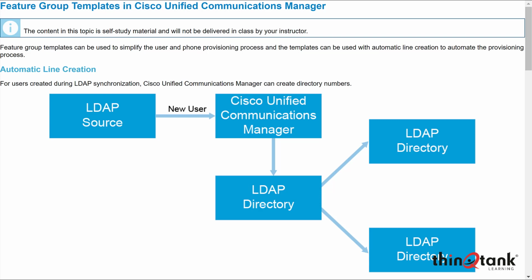If we have a mask defined on the synchronization agreement to allow for the generation of E.164 directory numbers, then we have to follow a couple of rules. If the mask is left empty, Call Manager obtains all the digits, and the leading plus if it's present in the number, from the directory itself.